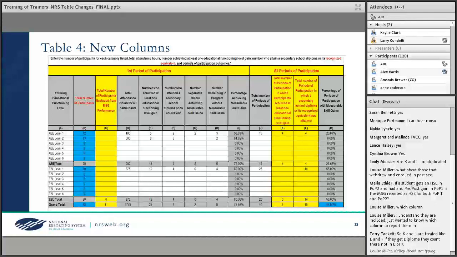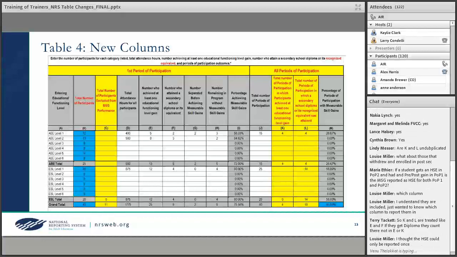Yes, they are. And Terry says EFLs, they get a diploma. Okay. Terry says A, T, and L are treated like E and F, and they get a diploma. They are not an E or K. Okay. That's right.